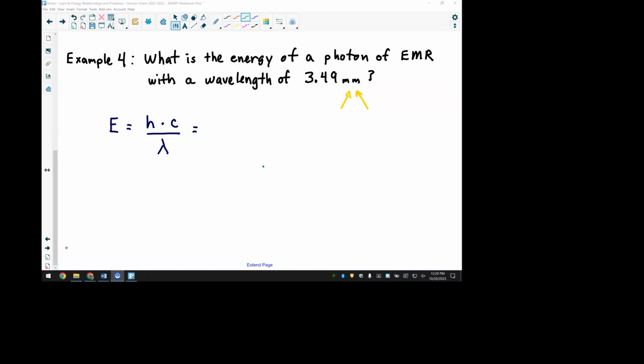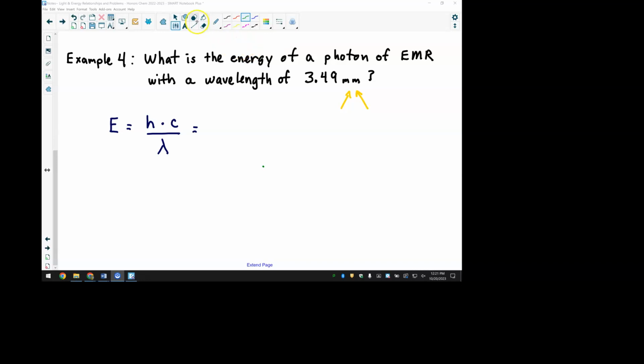When you're not given the wavelength in meters, we have to convert it to meters, but we're going to do it inside the problem solution using the factor label method. Now, 3.49 millimeters is probably somewhere between microwave and infrared, I would guess. Let's set this up.